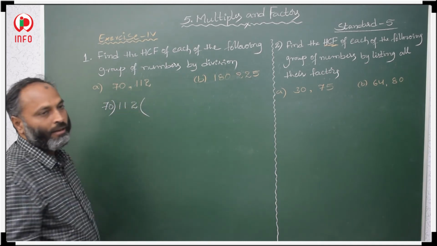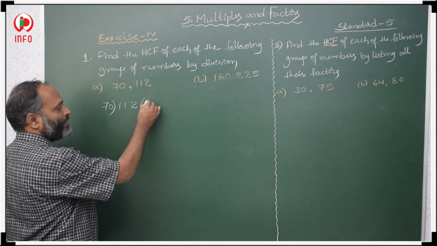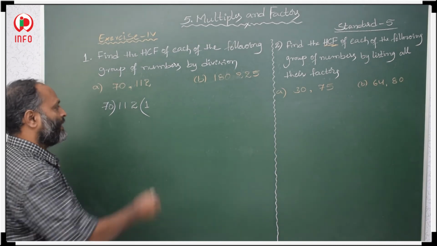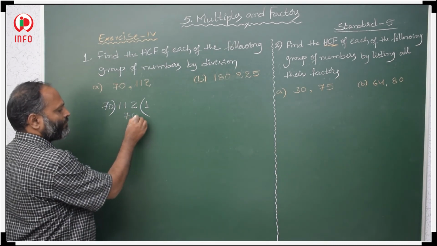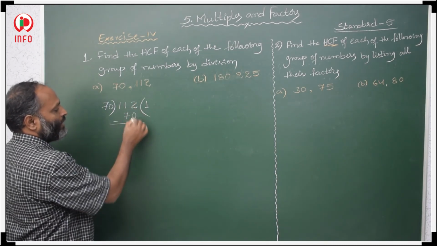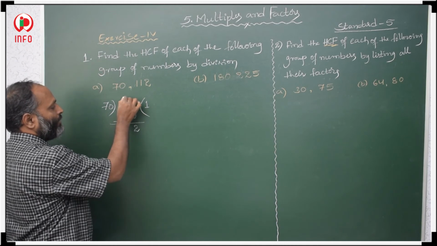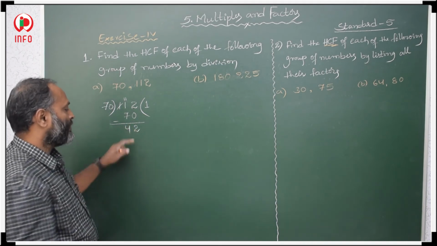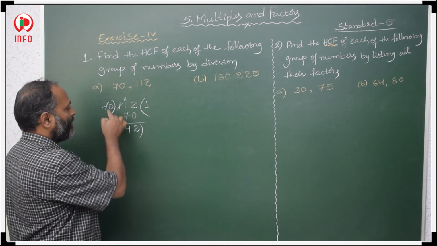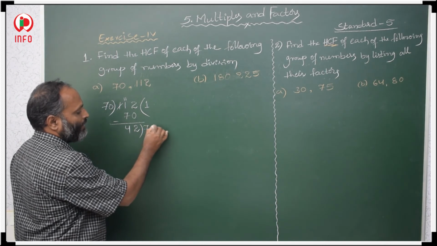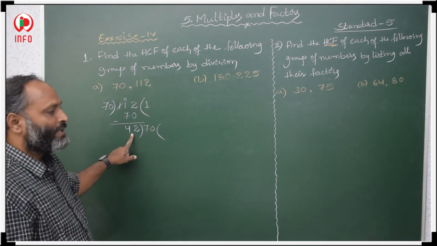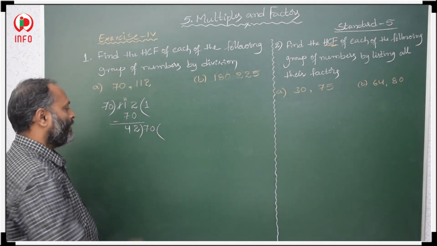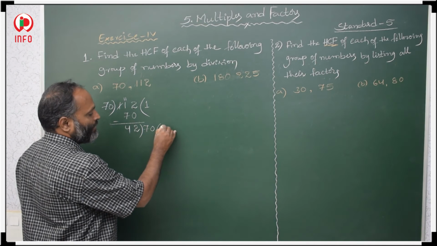112 divided by 70. 70 ones are 70, 70 twos are 140, that is more than this. So 70 ones are 70 we have to take. Then minus: 2 minus 0 is 2, take borrow from here, it is 11, 11 minus 7 is 4. This is the first remainder, 42. The remainder is the divisor and the first divisor is the dividend. Now 42 goes into 70 once, 42 ones are 42.